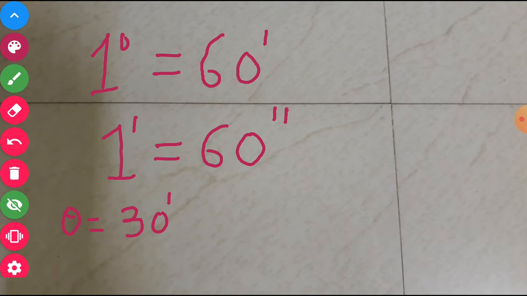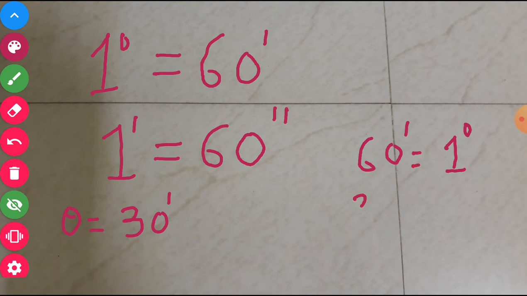So you have to divide by 60, because 1 degree is equal to 60 minute. Try to understand, 60 minute will make 1 degree.